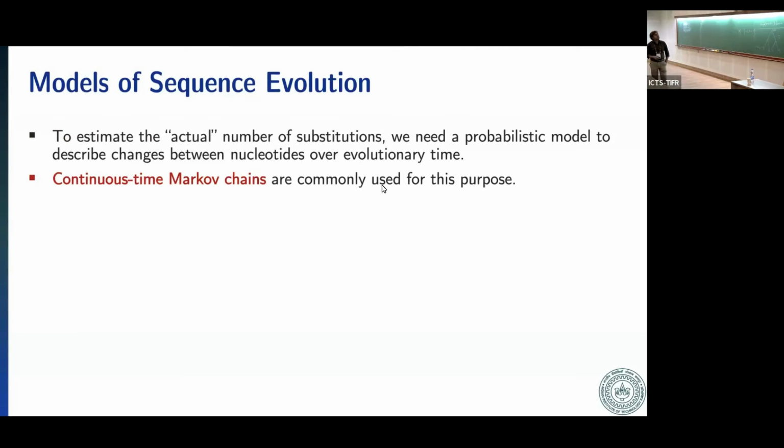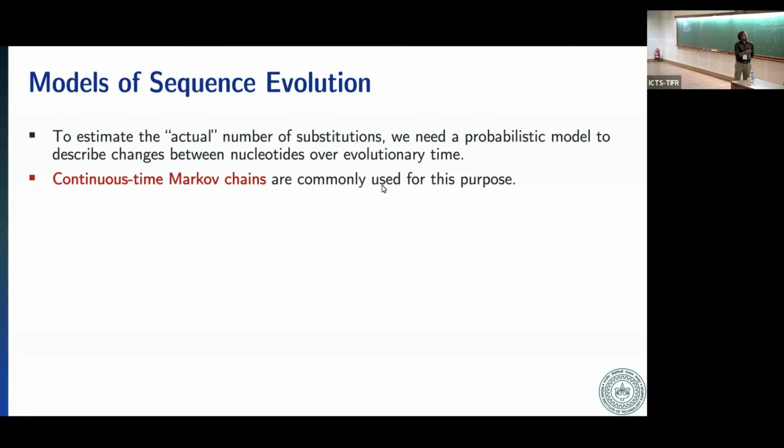It turns out that we have to come up with a probabilistic model which can describe the changes between nucleotides over evolutionary time, right? And again, going back to Shaon's talk where he was talking about discrete time Markov chains, in this scenario, since time is continuous, we are representing branch lengths in terms of expected number of mutations per site.